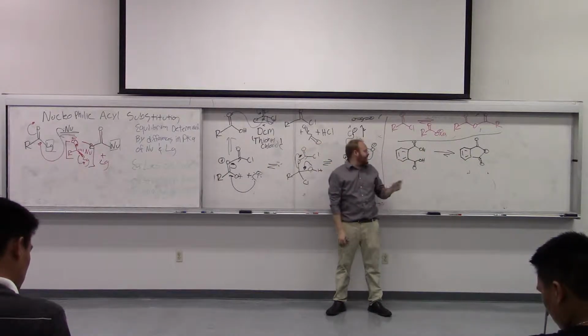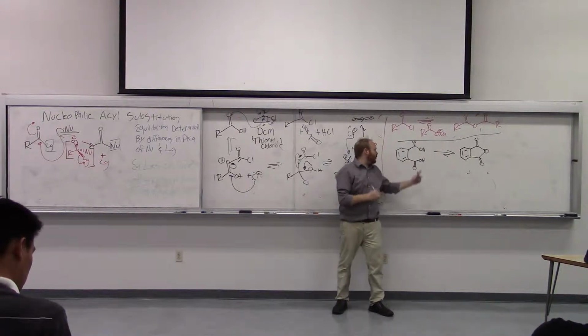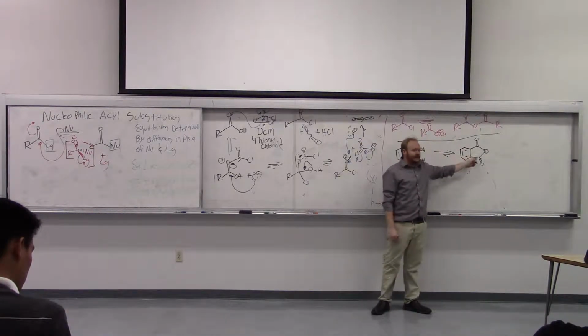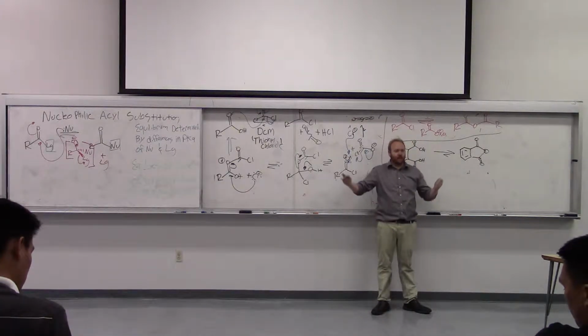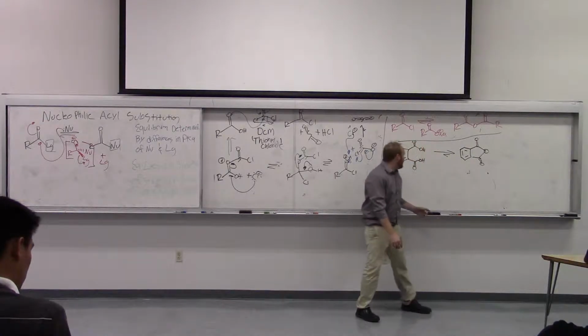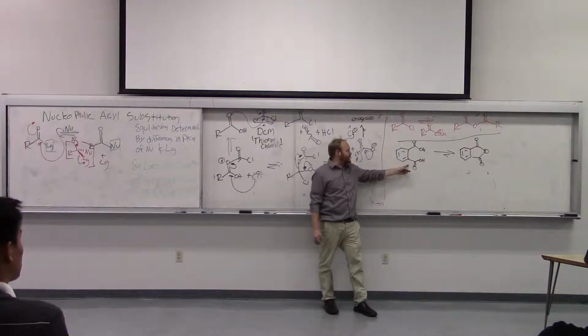So they have to be adjacent like this. So pretty much, in order for this to work, you have to form a 5-membered cyclic anhydride. However, 5-membered cyclic anhydrides are all over the place in chemistry, so it's somewhat useful.